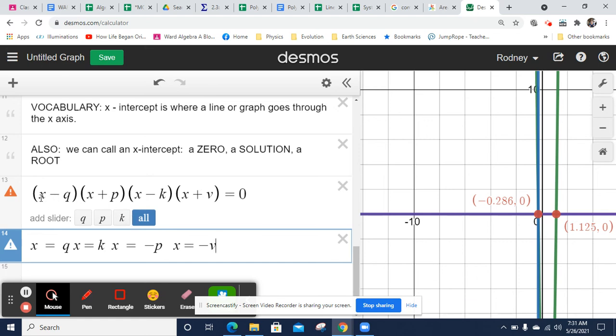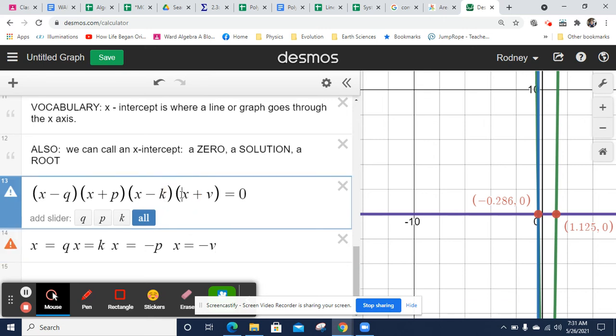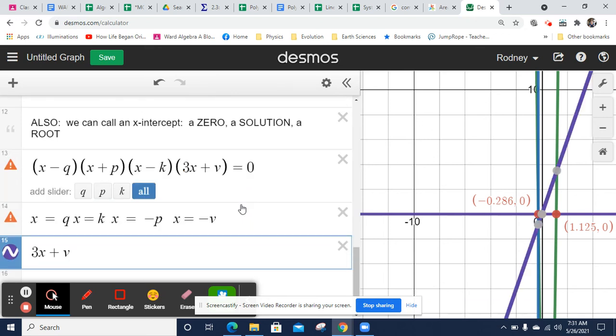So you're looking for what would you add or subtract to the other term to make it 0. Now, it's a little more complicated if there's some sort of coefficient in front of x, but it's totally doable. You just would take it out. And let's say it was 3x plus v. I would just take that out and I would say that equals 0 and I would solve it.